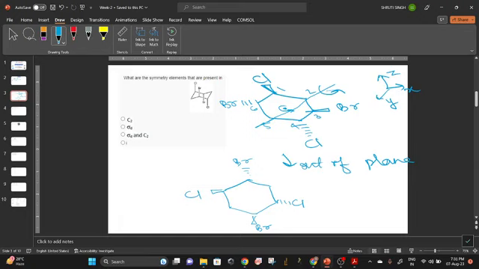Suppose we are passing it through the z-axis: here down Cl will come here, up Cl will come here, and here down bromine, and here up bromine, isn't it? Did I draw it correctly?